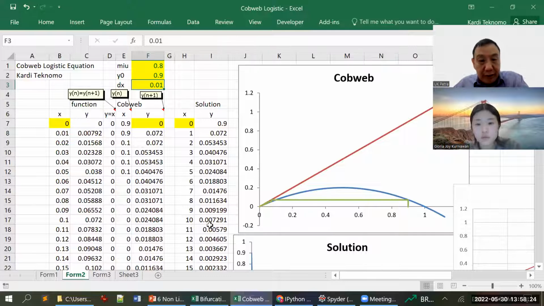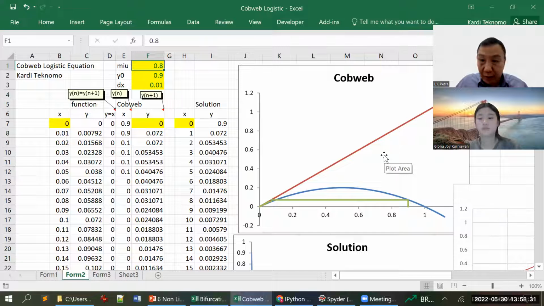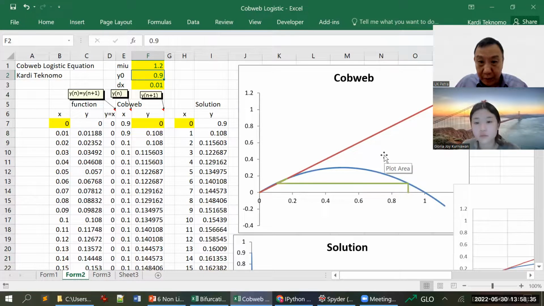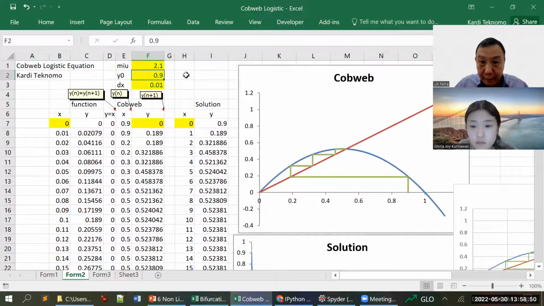Interesting things here is when you make mu larger than 1, 1.2 for example, you see it will go to this equilibrium. Or let's make it 2.1, you can see that clearer now.